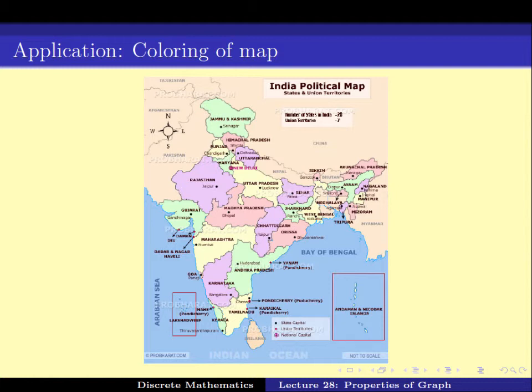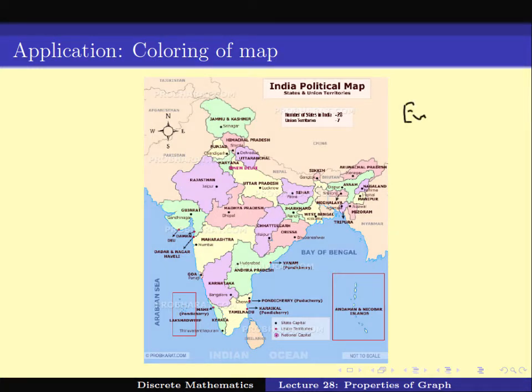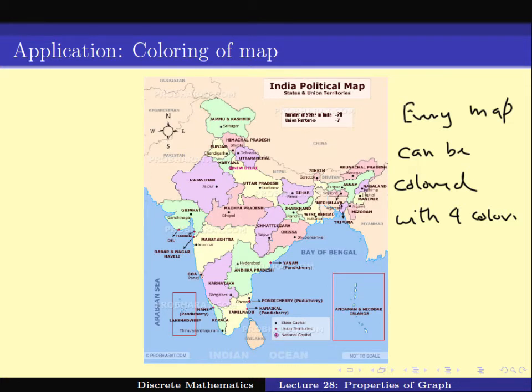Now, let me just tell you here, I cannot prove it, that every map can be colored with 4 colors. This is called the four color theorem, and a very beautiful theorem.